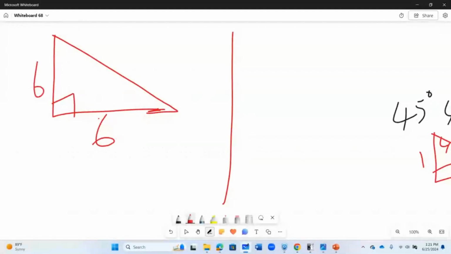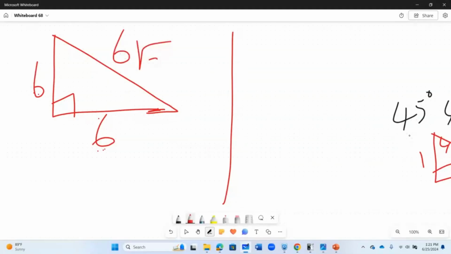Guess what? Because the legs are equal, it's a 45, 45, 90 triangle. So if this is 6, if this is 6, then I can say this is 6 root 2.